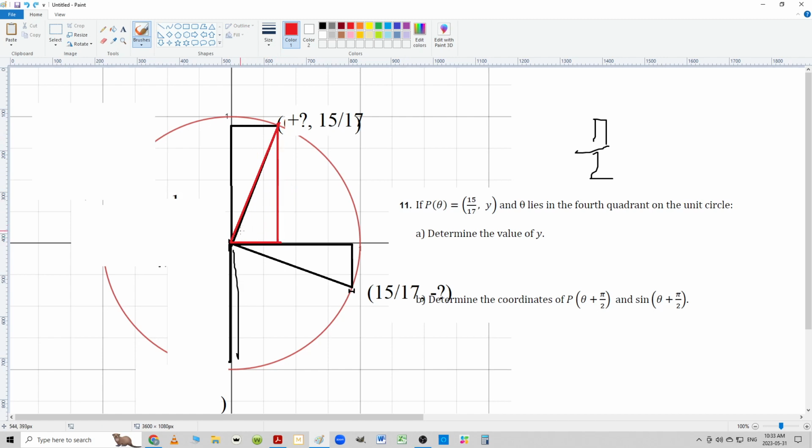Well, I can see that this is the angle theta, plus this is the angle theta plus pi over 2 now. Even though it's over there, we have to measure against the x-axis. And the sine of it is the opposite over the hypotenuse. The hypotenuse is still 1. The opposite is that value. So I can even answer that without getting into this question.